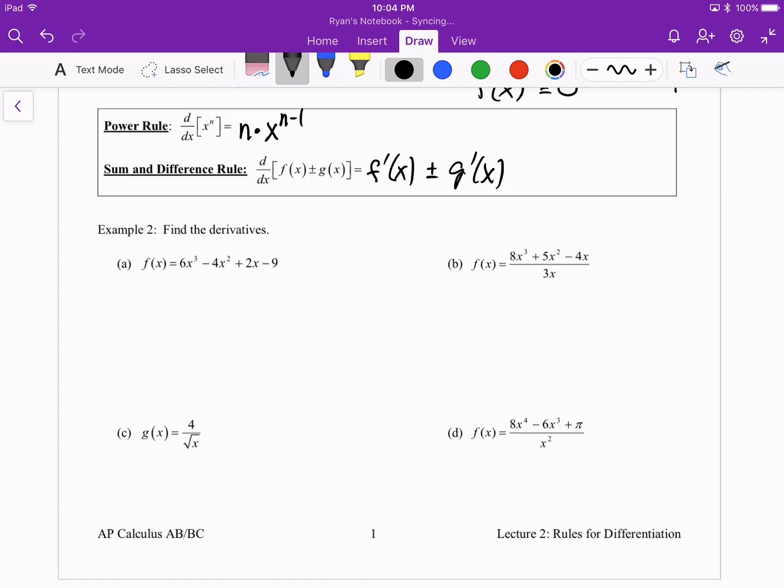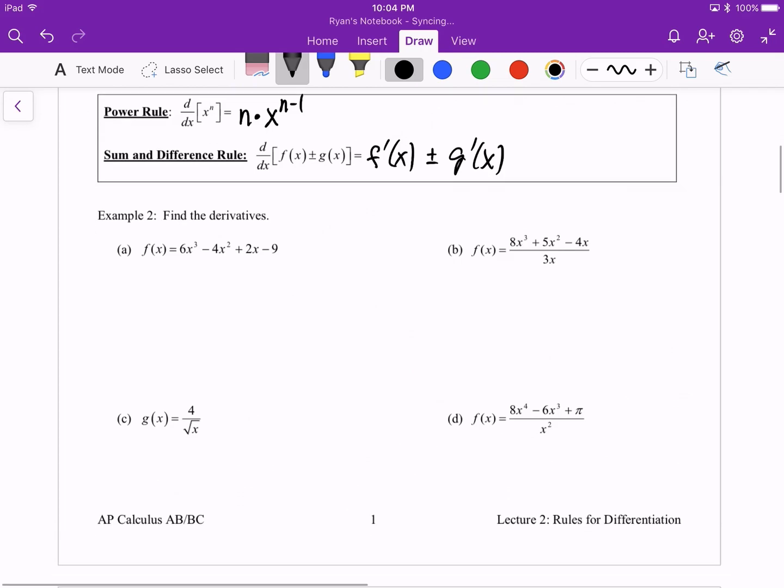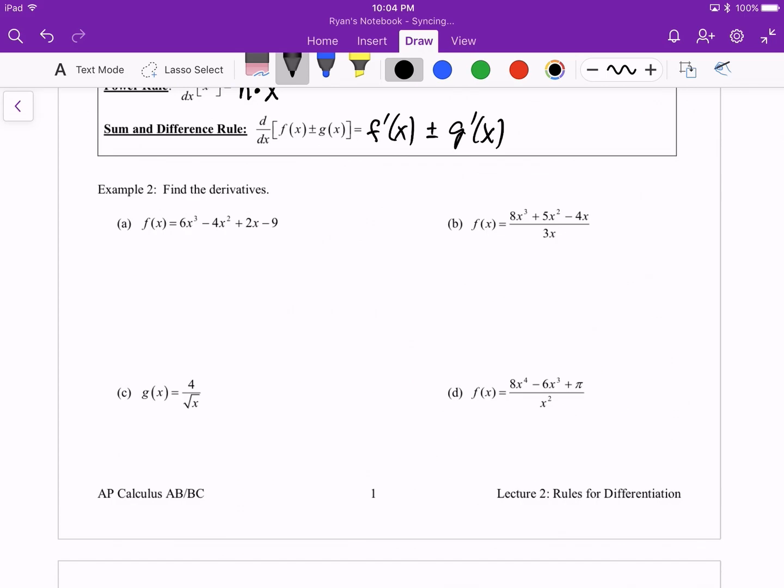Okay, so in example 2, we're just going to do some basic derivative problems. In part A, I have f of x is equal to 6x cubed minus 4x squared plus 2x minus 9. So if I use the power rule here, the derivative f prime of x is going to equal, I'm going to bring the 3 into the front, multiply it with the 6, that's going to give me 18 x to the second, because I reduce the power by 1 whenever I use the power rule, minus, bring the 2 in the front here and multiply it with the 4, so that's going to give me 8 x to the first power.